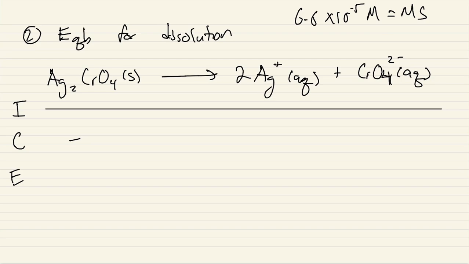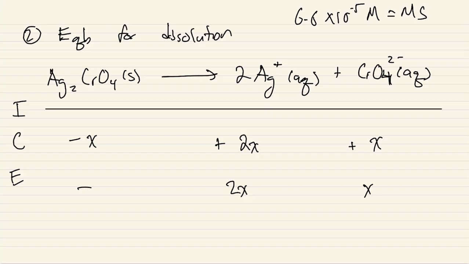And what's the change for the products? They should both be positive. If the change is some arbitrary value x, then for silver it'll be 2x, and chromate would be just x. At equilibrium we don't worry about the solid, because it doesn't go into the solubility product or equilibrium constant.